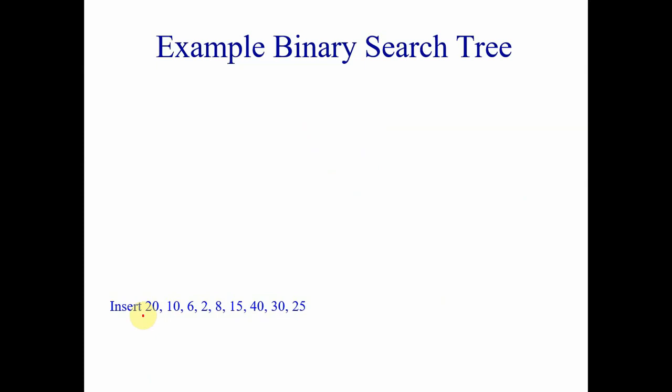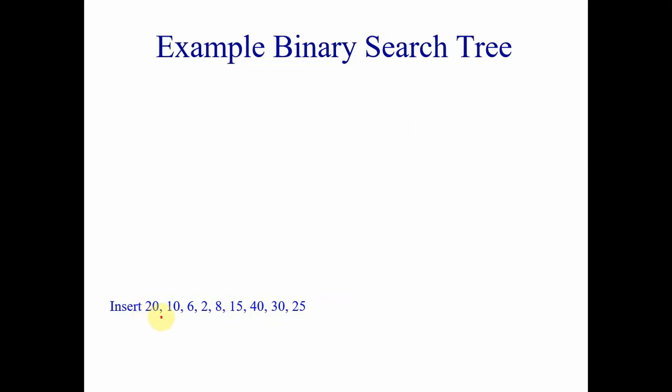Okay, let's see this case. You can see the sequence is 20, 10, 6, 2, 8, 30, 15, 40, 30, 25. So let's see what is happening when these nodes are put one by one.